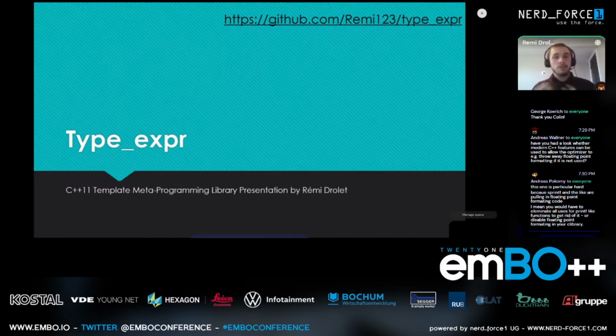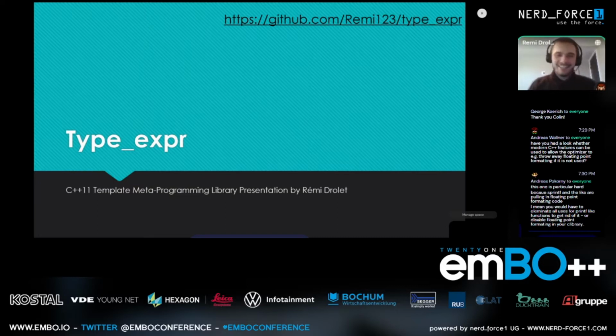So I wanted to create a new library just to see if it worked, and it wasn't supposed to succeed, but it failed in that regard. So I created TypeExpert because it's a type expression, and it allowed me to have the namespace TE, which is like typename T. Well, not my best pun, but it's my library.